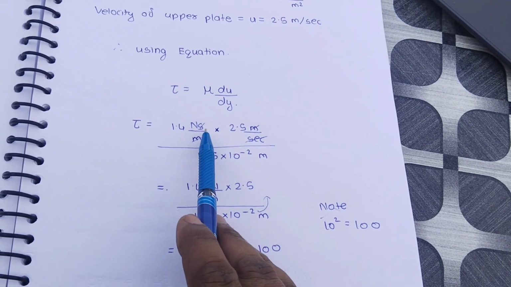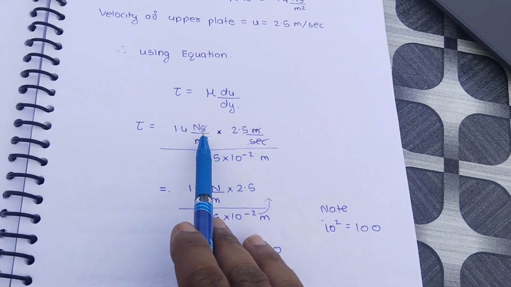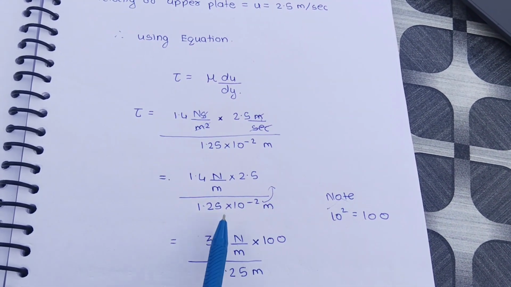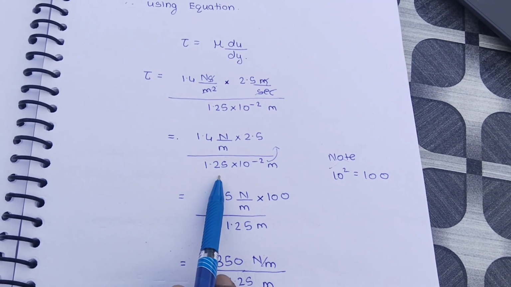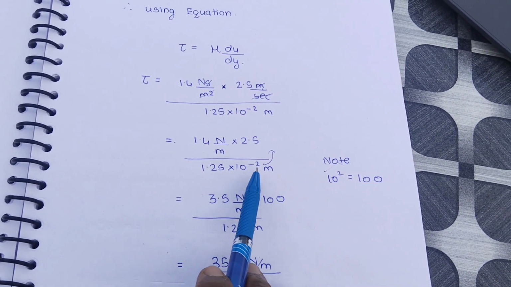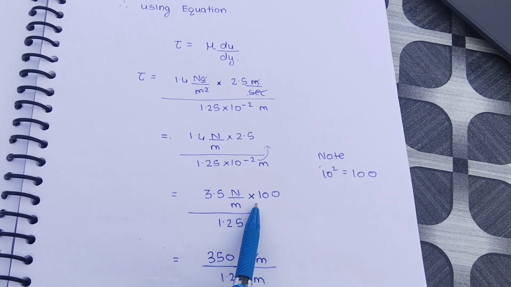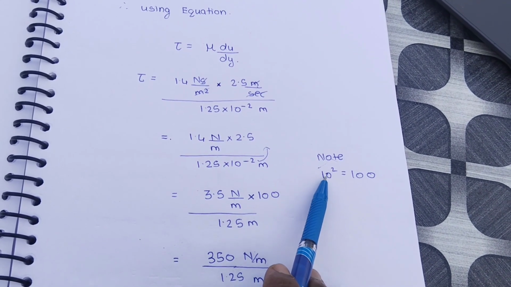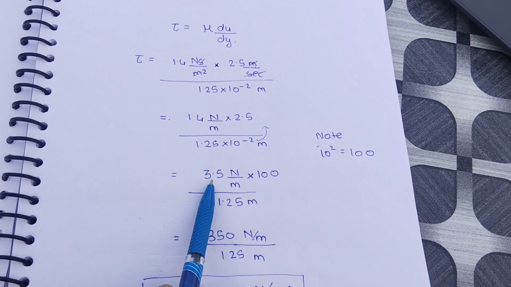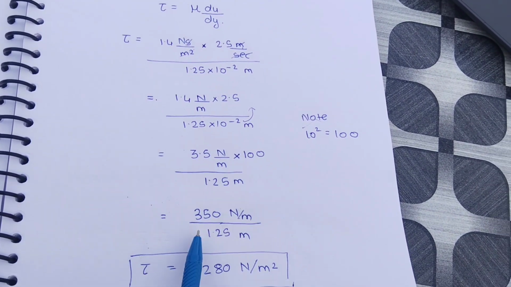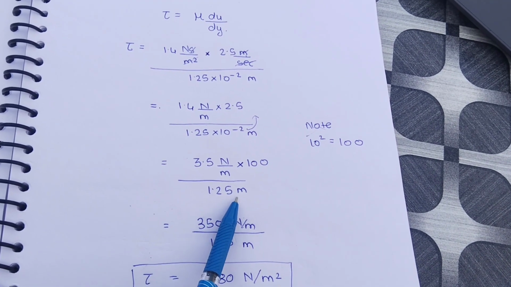By cancellation, second will get cancelled and meter will get cancelled, and the remaining unit is Newton per meter. 2.5 remains, and 10 raised to minus 2 will go up, the sign will change, and it becomes 10 raised to 2, which is 100. So 3.5 multiplied by 100, we get 350 Newton per meter, divided by 1.25 meter.